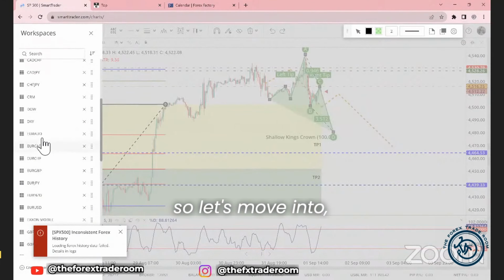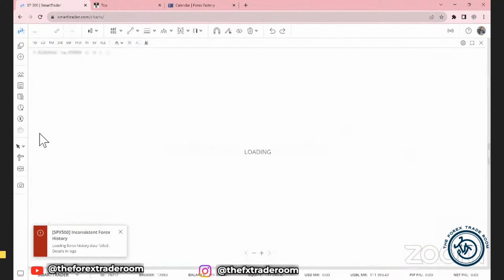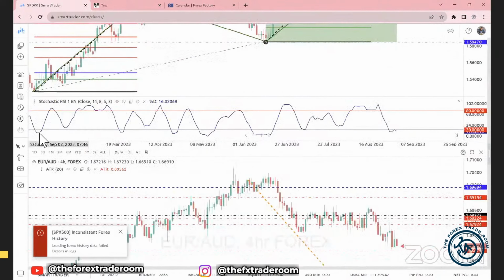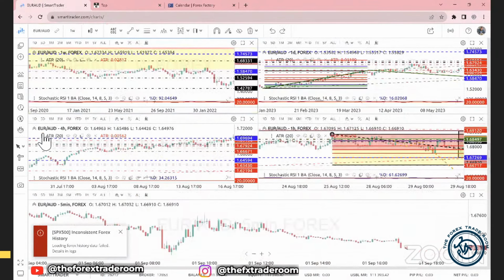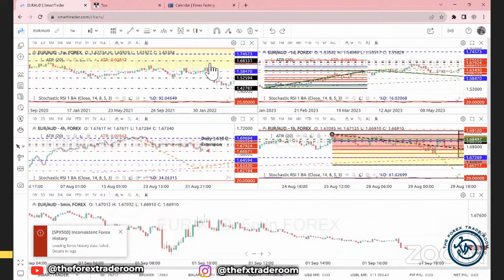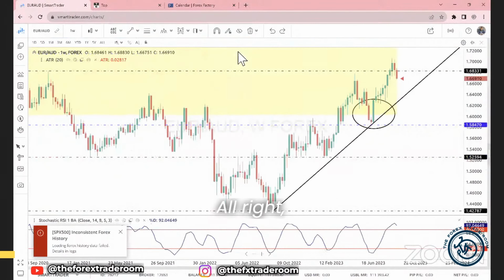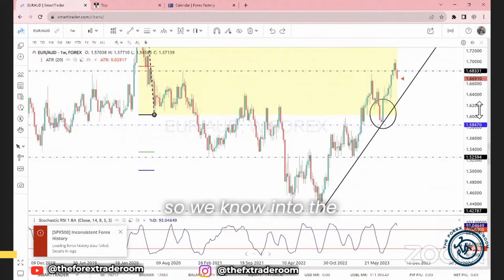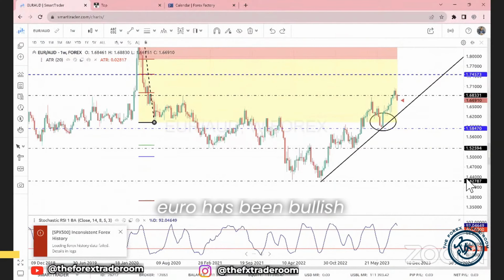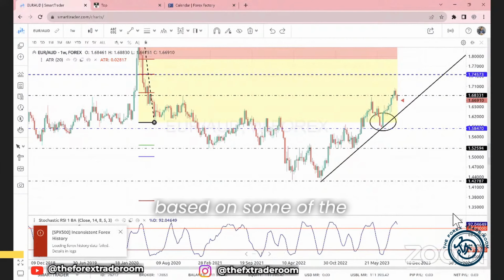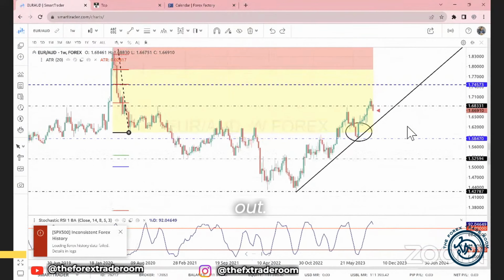All right, so let's move into the Euro Aussie. We know in the latest cycle the euro has been bullish. Right now it's correcting based on some of the fundamental economic data coming out.